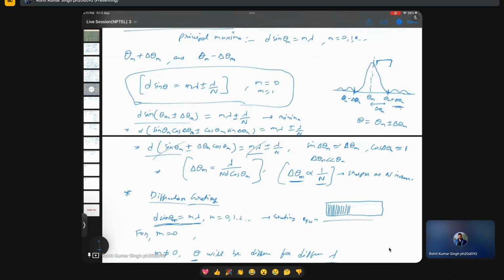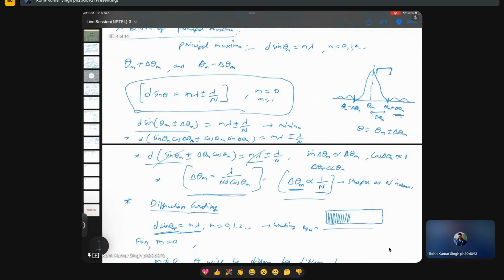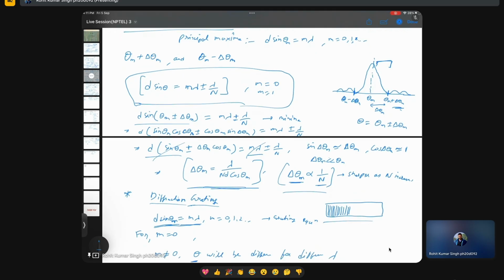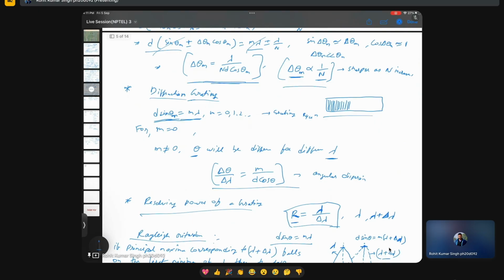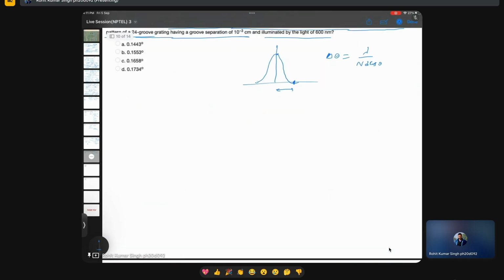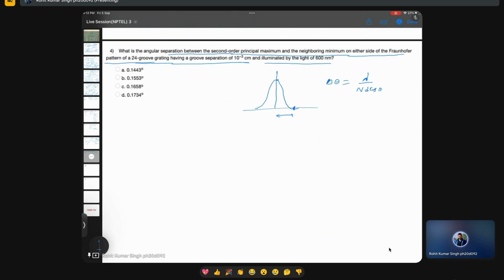Where did we calculate it? Yes, we calculated it here, which is lambda by n d cos theta m. And in the problem, lambda is given, 600 nanometer.